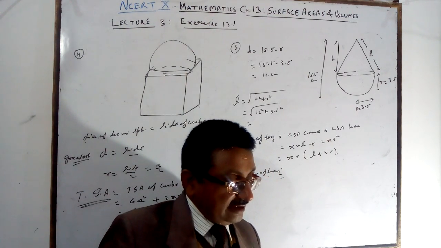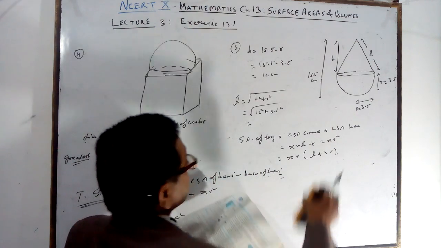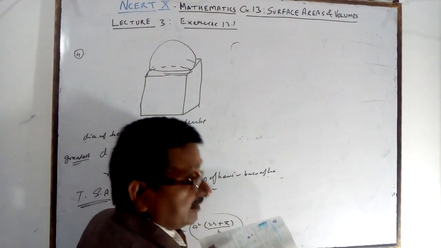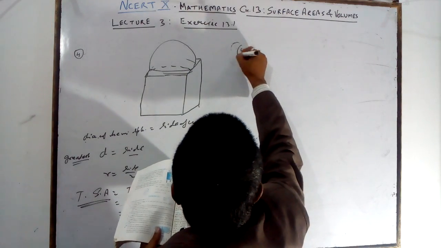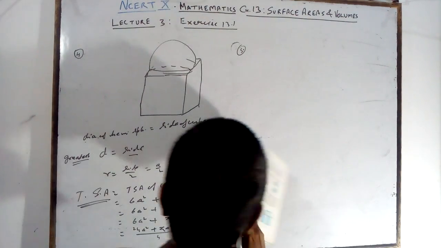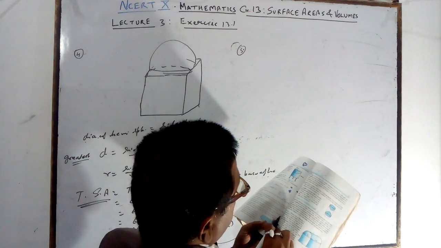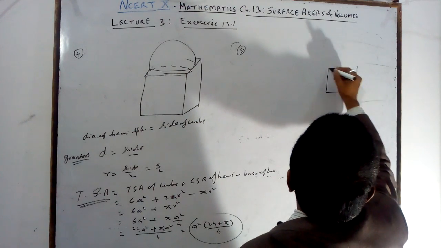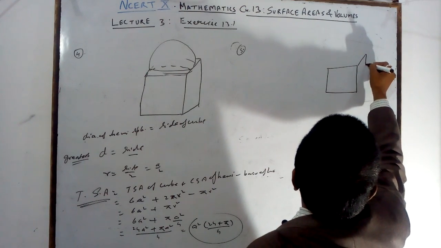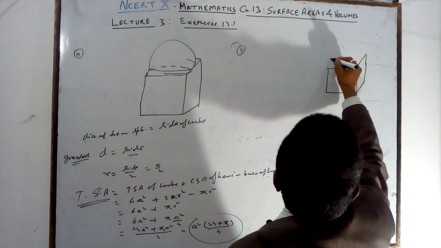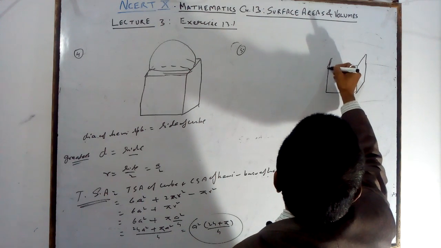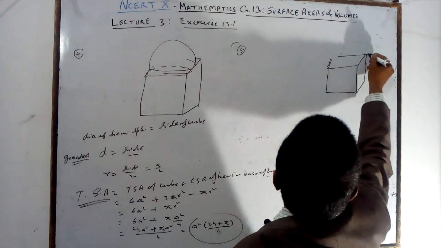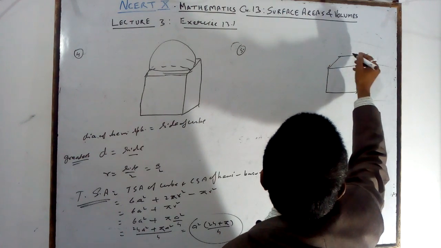Question number 5: a hemispherical depression is cut out from a cubical wooden block, like a bird bath. Same thing is here. It is a cubical wooden block, a cube.